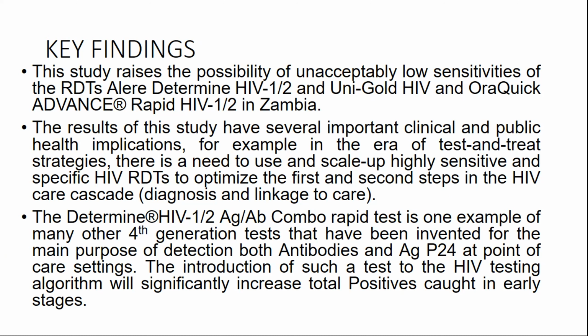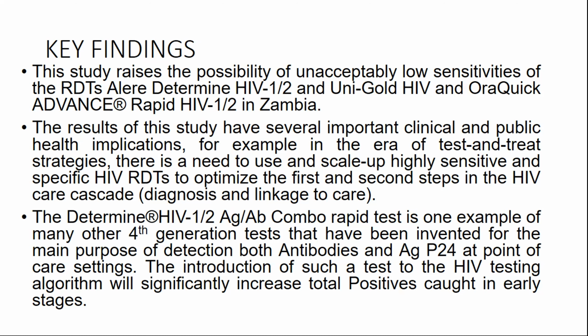The results of this study have several important clinical and public health implications for test and treat strategies. There is a need to use and scale up highly sensitive and specific HIV RDTs to optimize the first and second steps in the HIV care cascade, which are diagnosis and linkage to care.